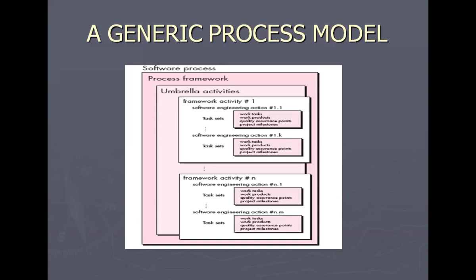Each action is populated with individual work tasks that accomplish some part of the work implied by the action. The following generic process framework is used as a basis for description of process models in various software projects.